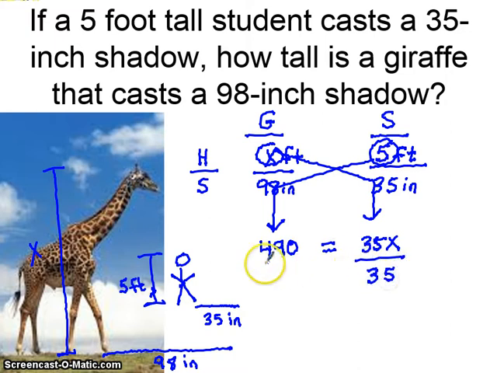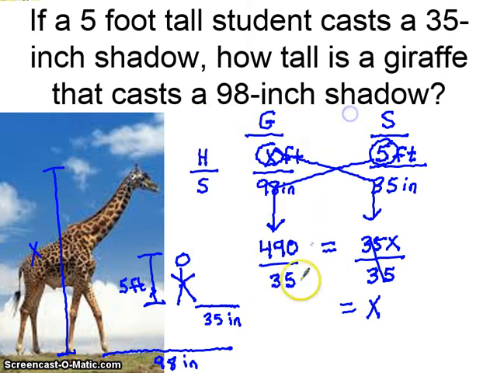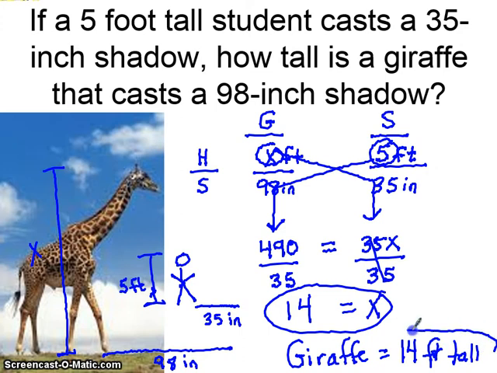Divide each side by 35, and we get x equals 490 divided by 35, which is 14. So that means that this giraffe is 14 feet tall. And we didn't have to measure the giraffe. Indirect measurement.